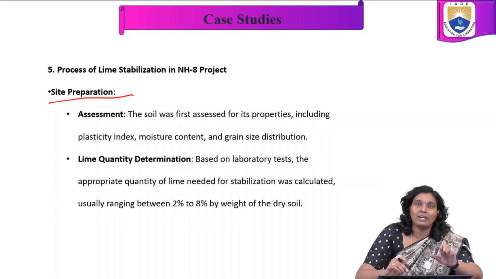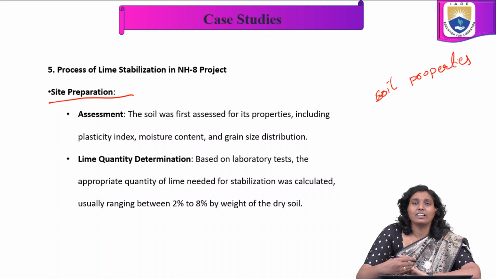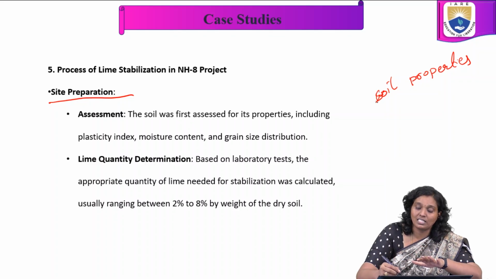In this assessment, the soil is first assessed for its properties. First we have to understand the various soil properties involved in this particular site condition. In that site, what kind of soils are available?